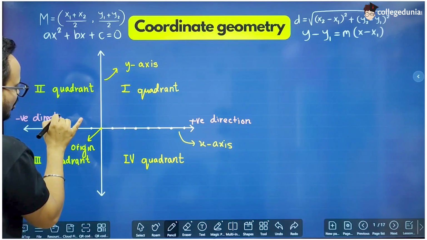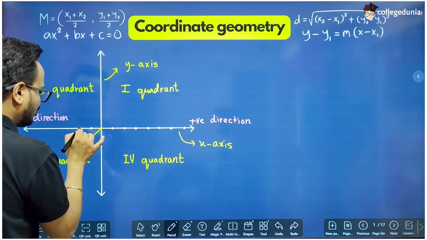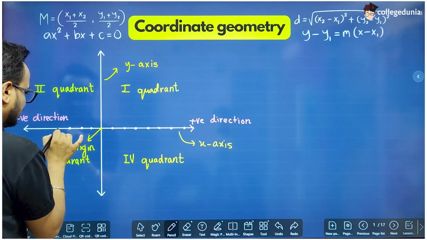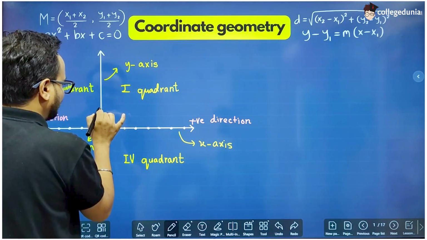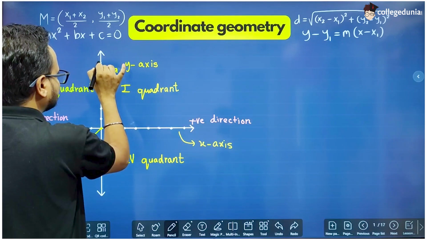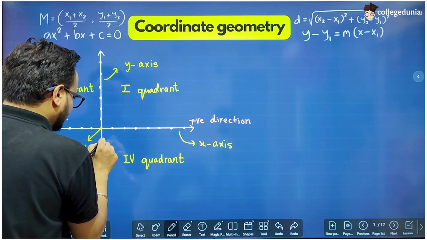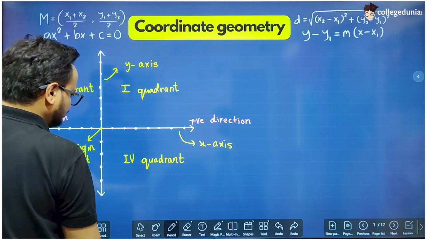So if you plot the values on this side, then you will take those values as negative. This is the positive direction of y-axis. And this is the negative direction of y-axis. Right?